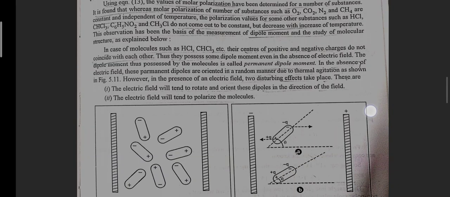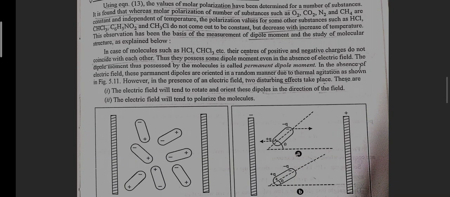In case of molecules such as HCl, CHCl3, etc., their centers of positive and negative charge do not coincide with each other. Thus, they possess some dipole moment even in the absence of electric field. The dipole moment thus possessed by the molecule is called permanent dipole moment.